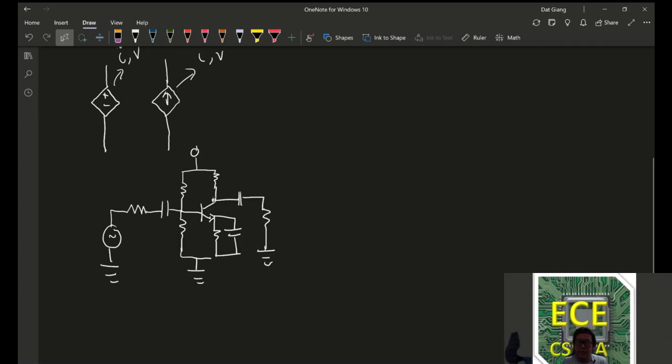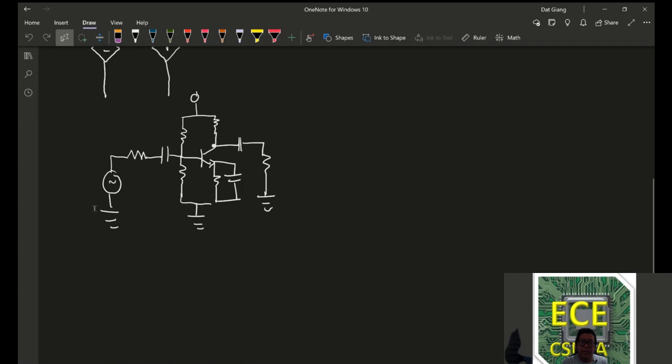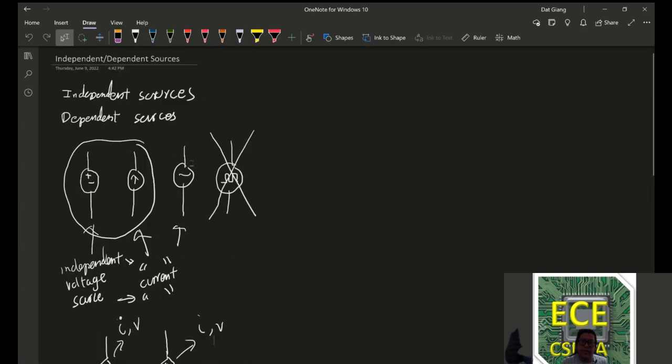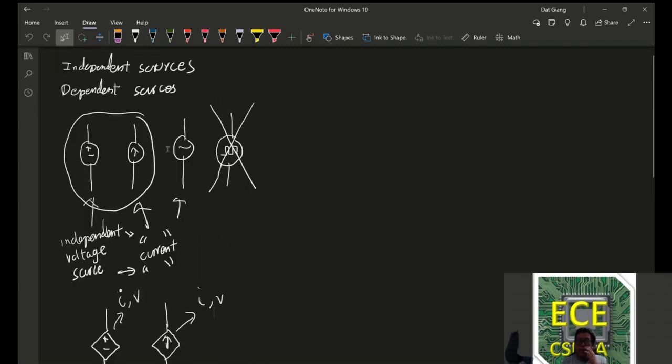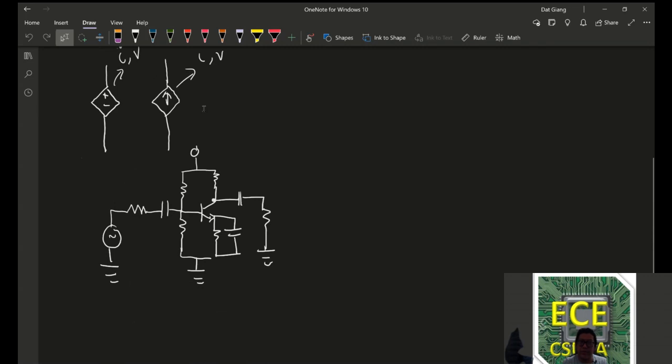And as such, the AC load line comes with dependent voltage sources or dependent current sources. This right here, the AC source, is part of an independent source. And just in general, anytime you need to model something, the dependent voltage source usually might be involved.